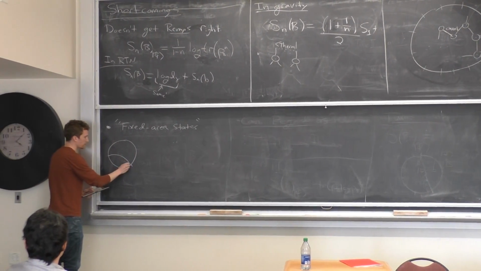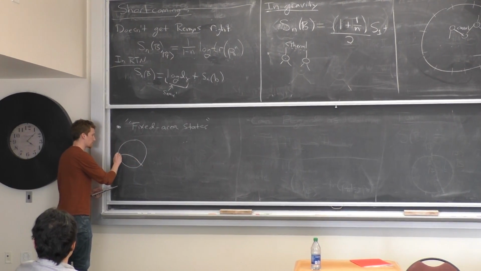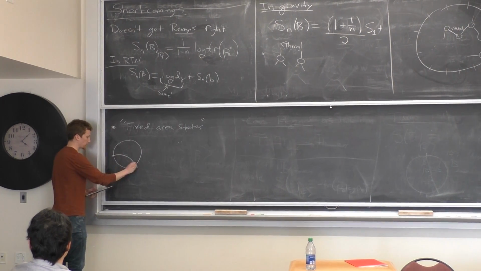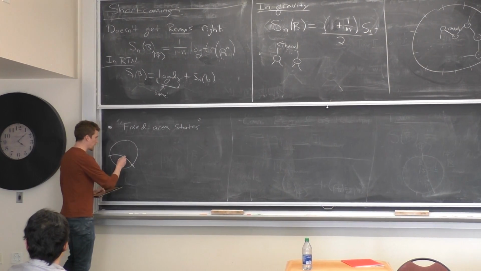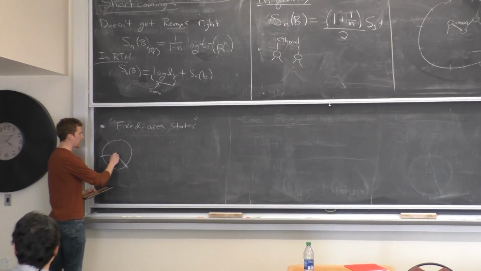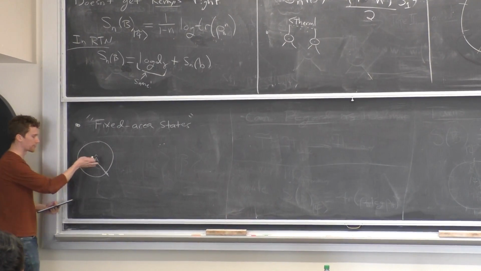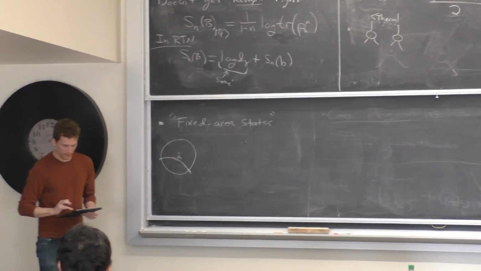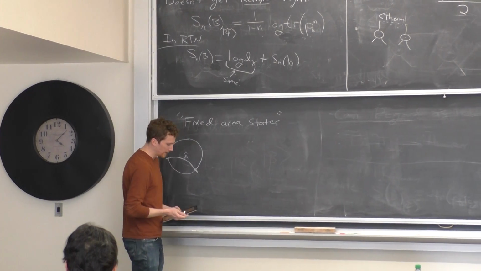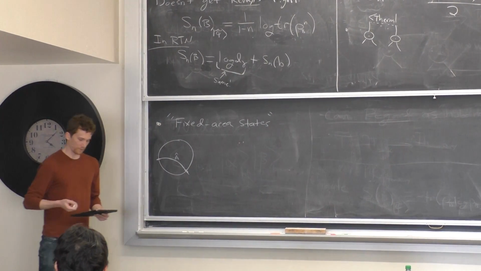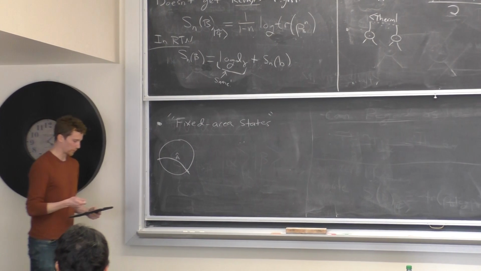Let's say this is a time slice of AdS. Consider an extremal surface from this boundary point to this boundary point. It has some area A. There's some operator that measures this area A. And in this quantum theory of gravity, the background is not some fixed static thing. It has fluctuations.